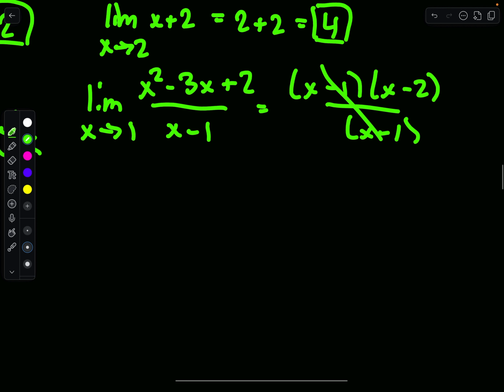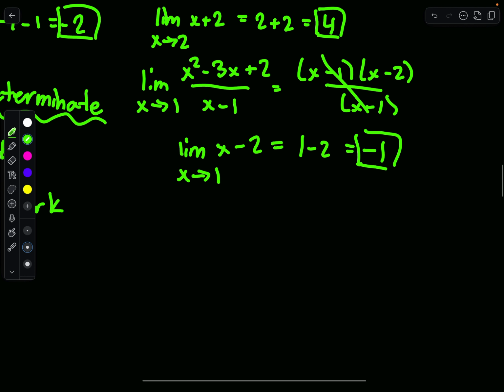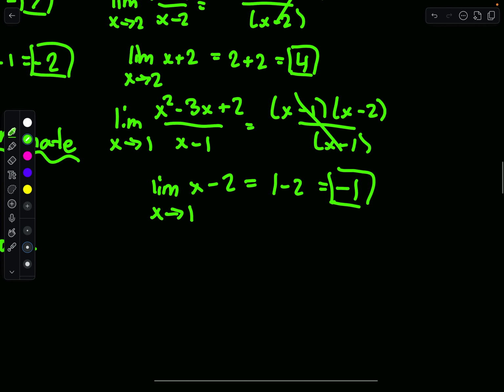You cancel, and then you are left with the limit as x goes to 1 of x minus 2. Now you can use direct substitution, and you get 1 minus 2 equals negative 1. So that is when you would need factoring and canceling in order to solve a limit.